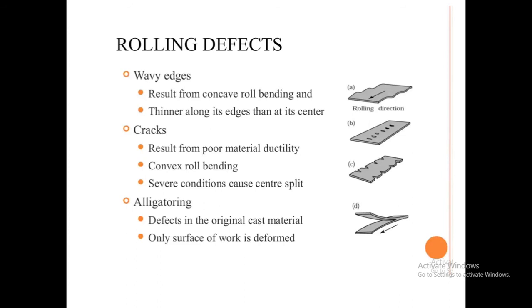Before discussing the other defects, we will discuss what defects are and why they arise. If we consider any forming process or any operation, defects will always appear there. But if we want to eliminate those defects, then proper precaution should be taken.